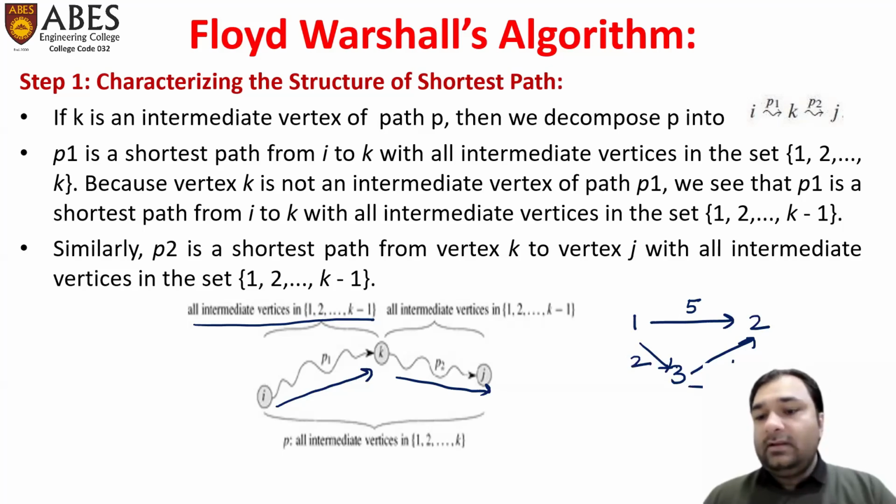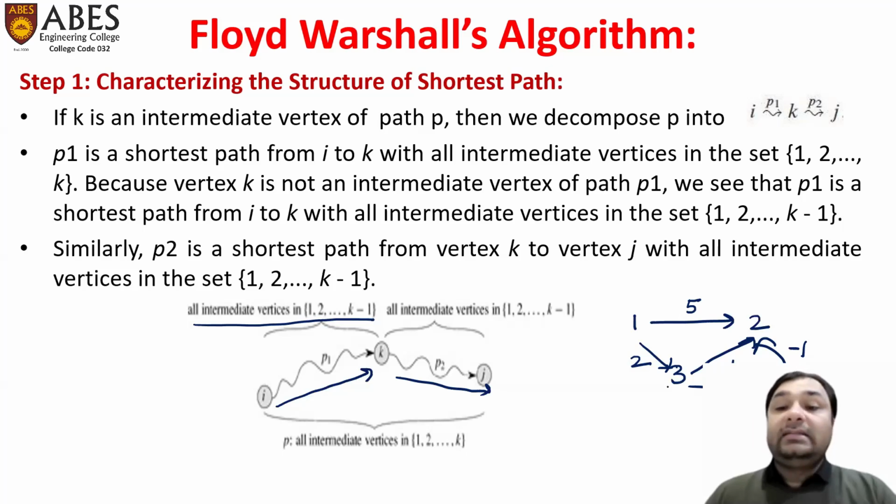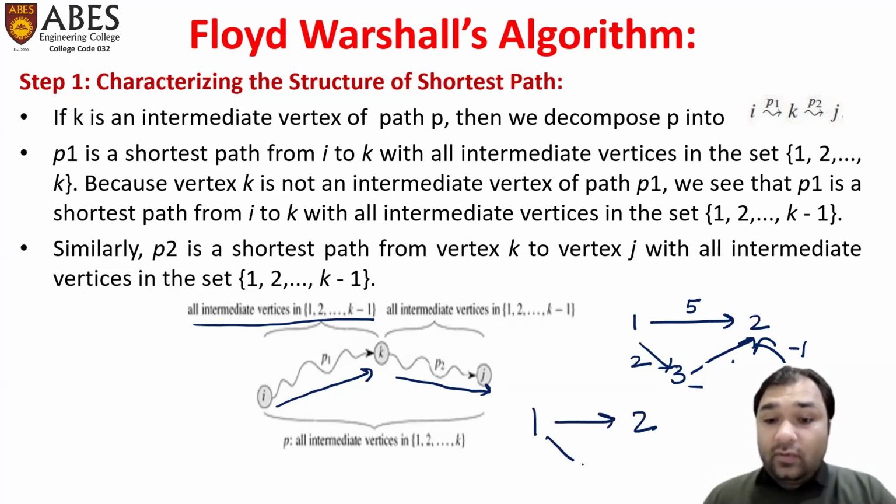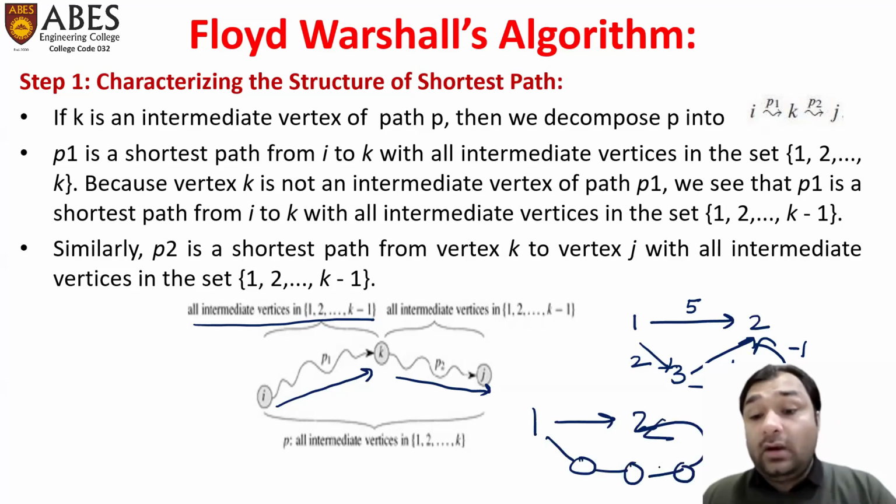There can be a possibility we can come via 4 with weights 1 and minus 1. There can be multiple intermediate vertices in between.